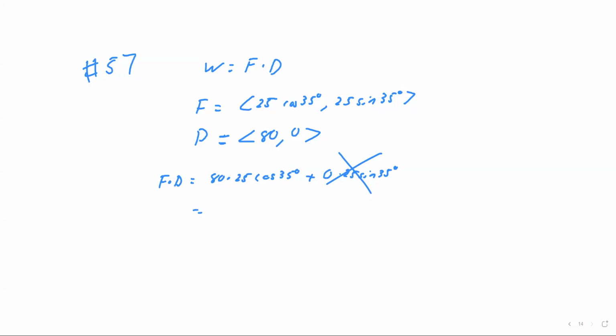So that'd be 80 times 25 times cosine of 35. And it comes out to be 1,638.3 foot-pounds of work.